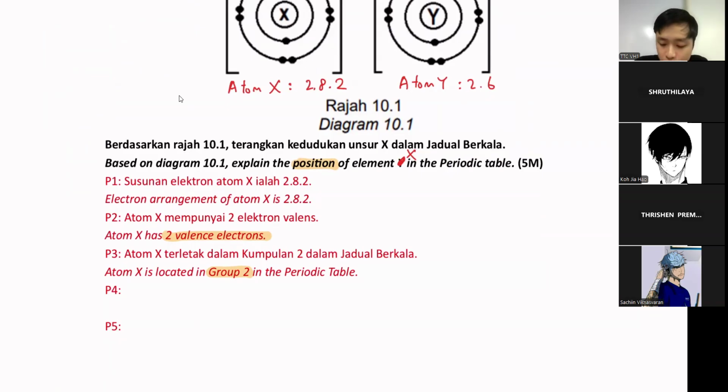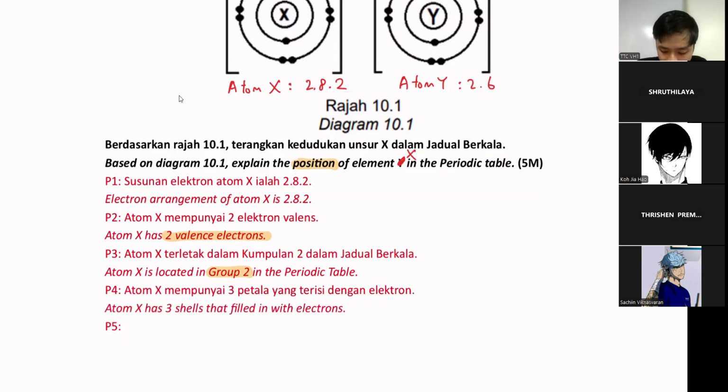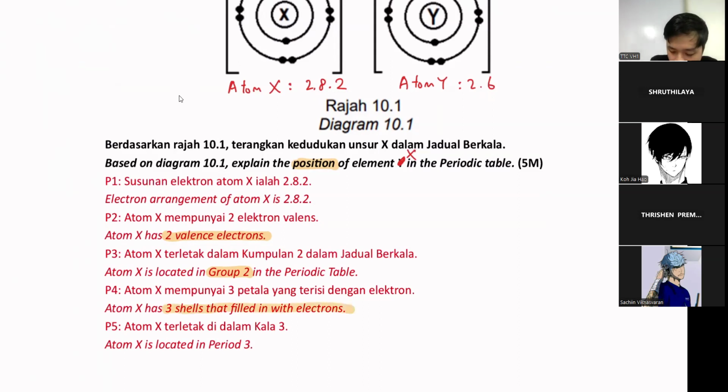The other point should be these three, isn't it? So you got three shells. Atom X has three shells filled with electrons. That's why it's in period 3.